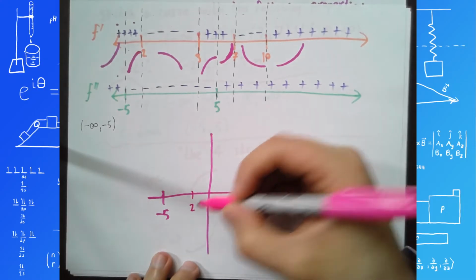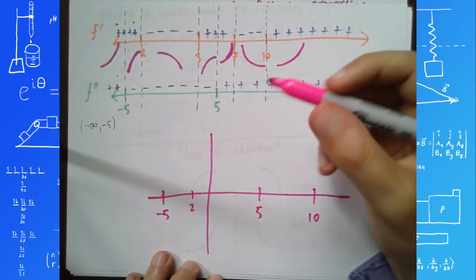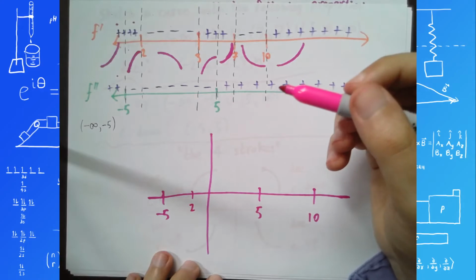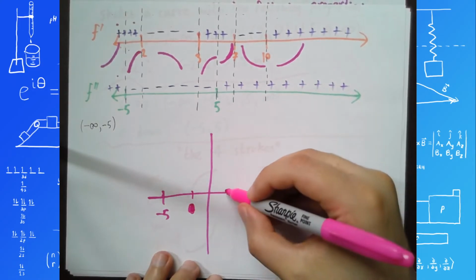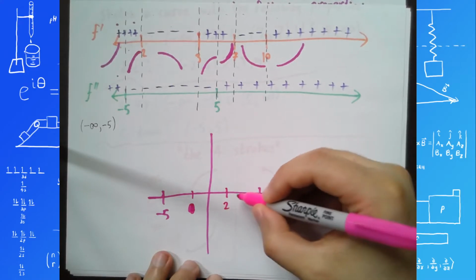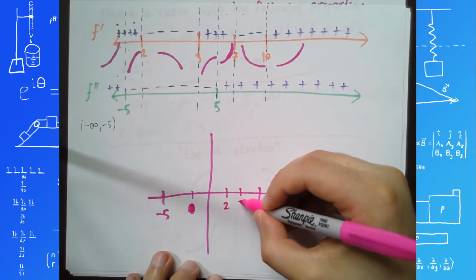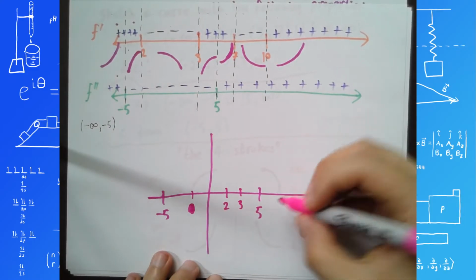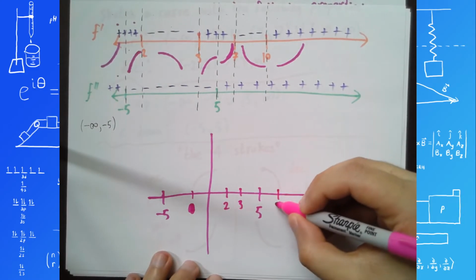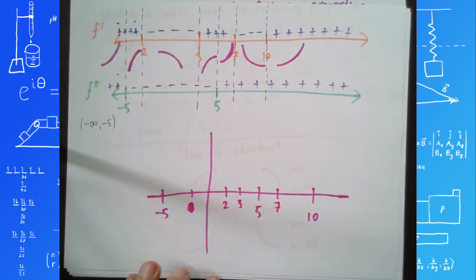I'm going to try and draw this as close to scale as possible. Wait. 2, +2. What am I doing? +2 is over here. +3 is over here. Then we've got 5, 6, 7 would be around here. And 10. Okay. Let's try our best to draw this thing.